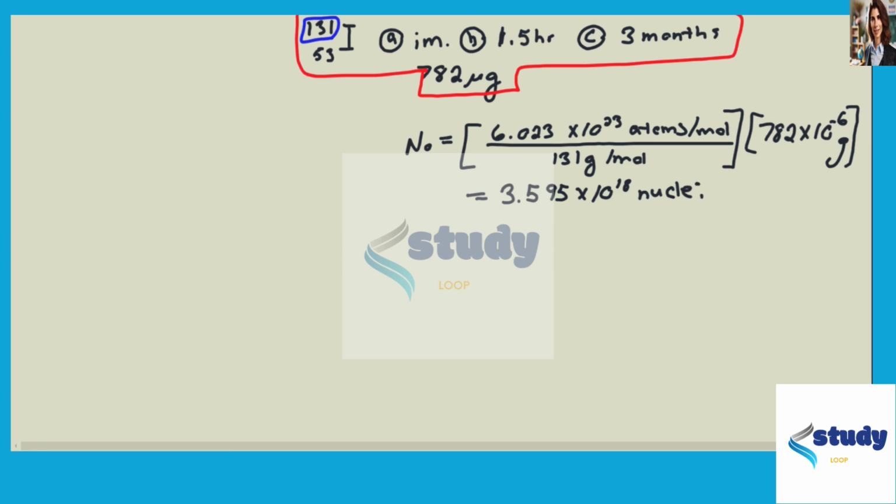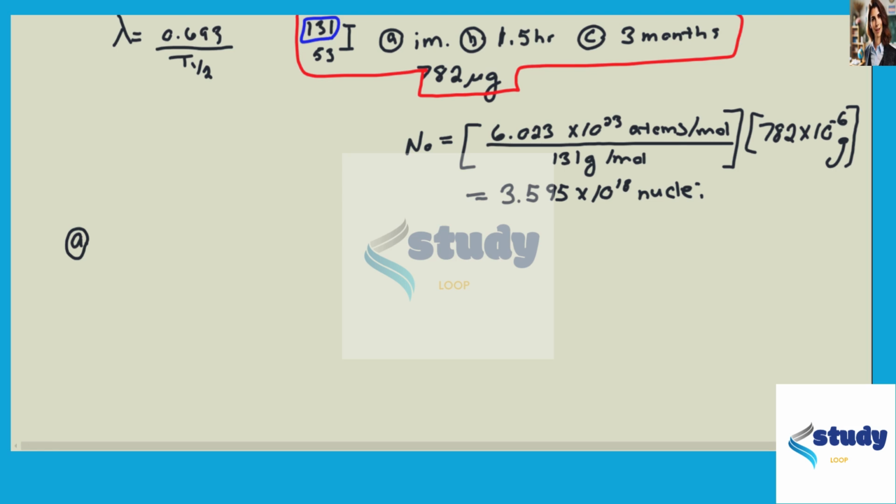So for A, and before I continue with A, let me just write the equation that we're going to use. We have the decay constant lambda equals 0.693 divided by the half-life.